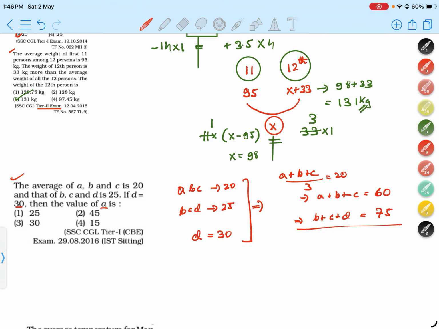So if we subtract these two, B and C will be cancelled out. A minus D will give us minus 15. Since D is equal to 30, A will be equal to minus 15 plus 30, which will give us 15. So the answer to this question is option number 4, 15.